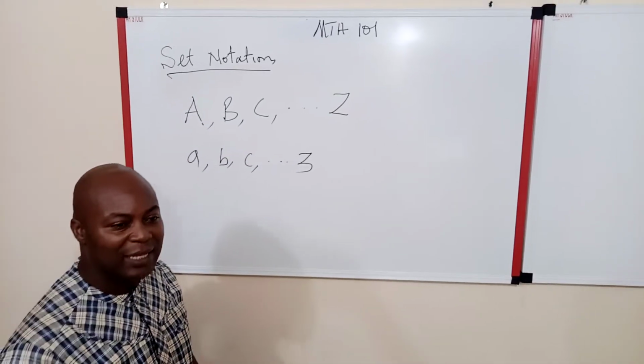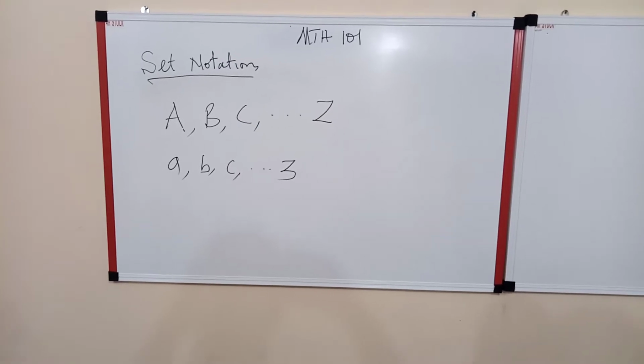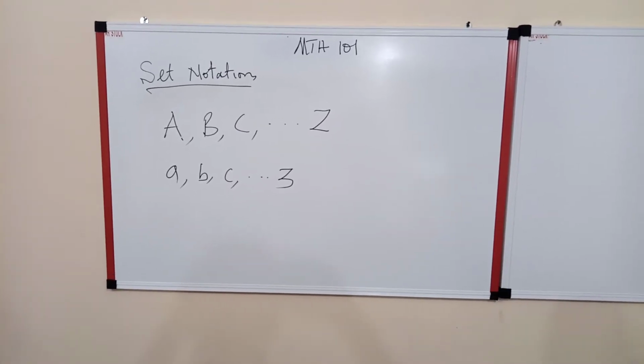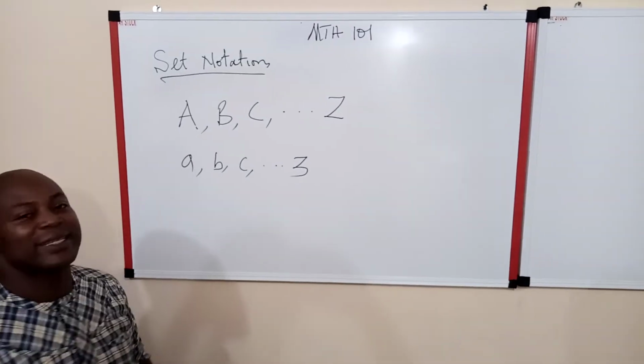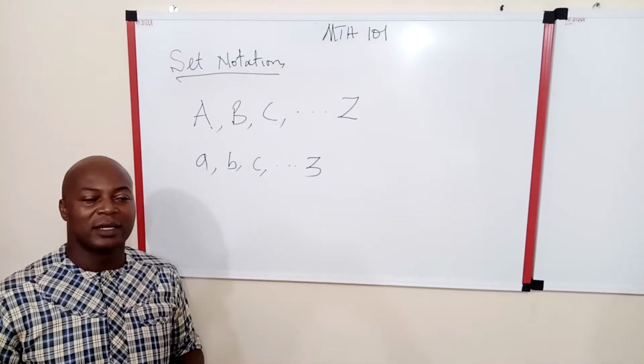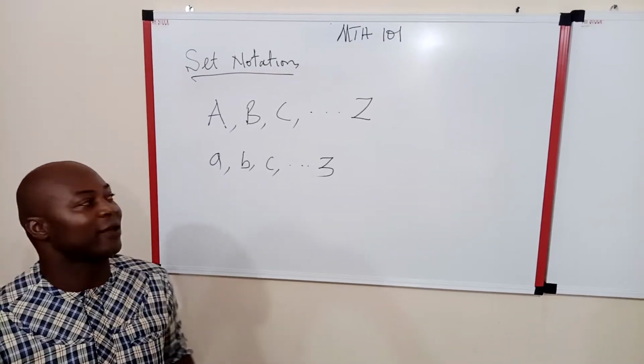Now, let's consider some examples. Let's consider a set, say A. Let it be a collection of whole numbers up to 5.